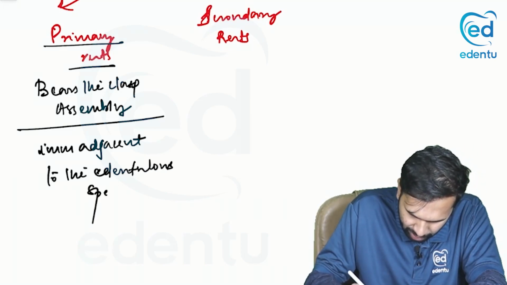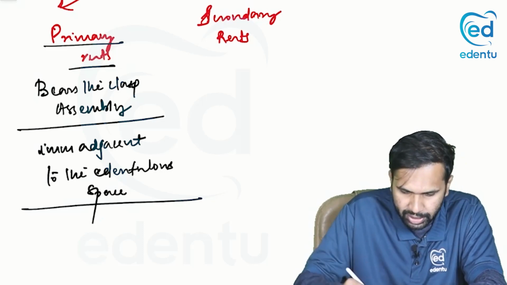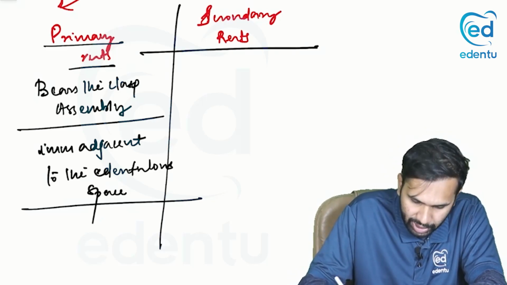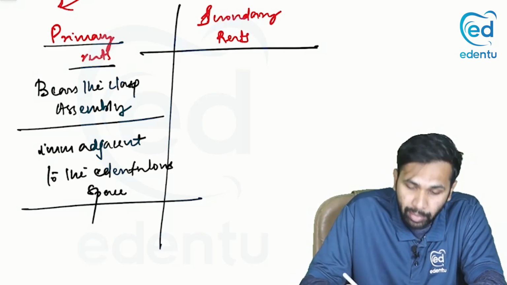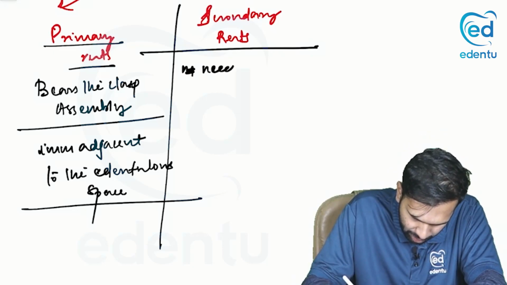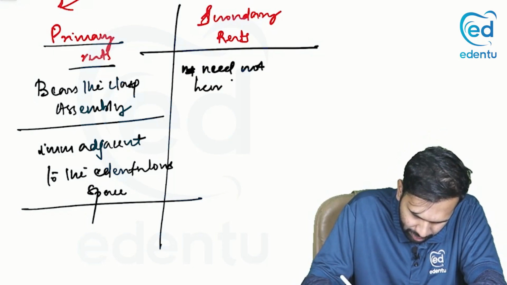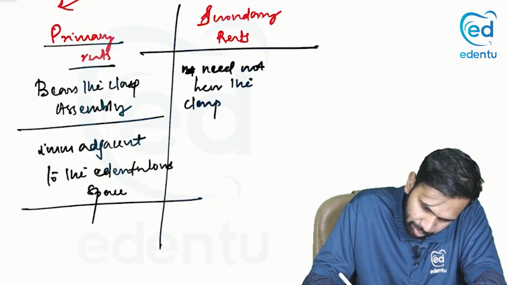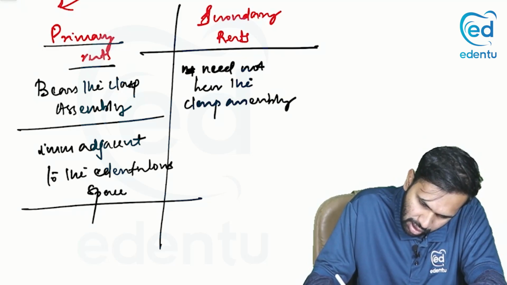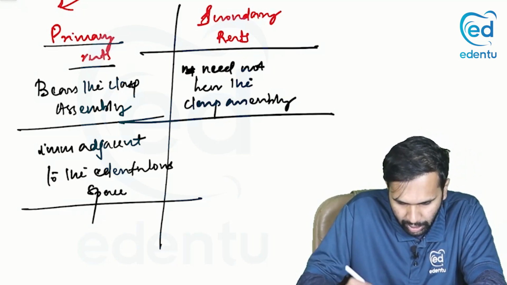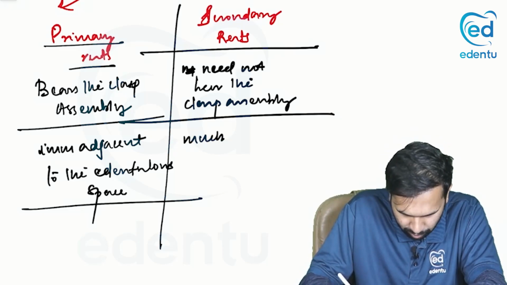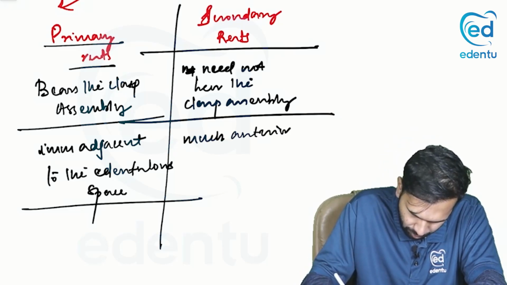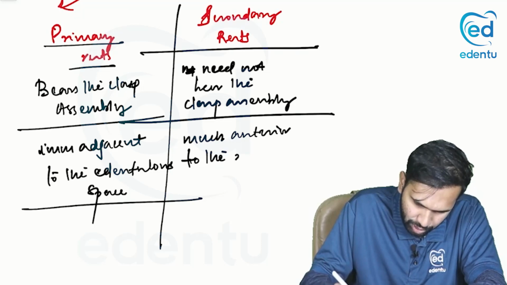Whereas secondary rests might or might not bear the clasp assembly, and they are present much anterior to the edentulous space.